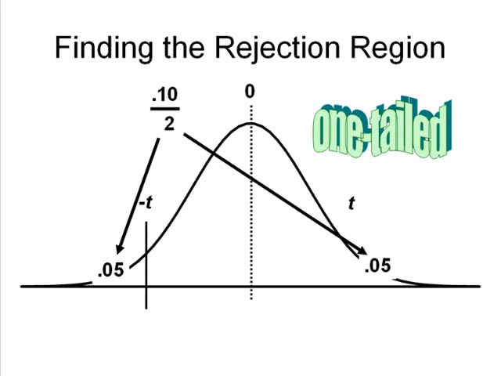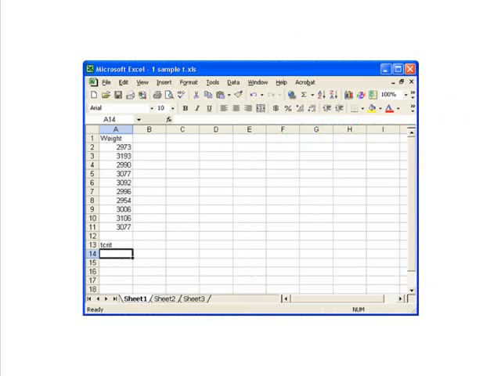So in our case, our alpha is 0.05. So we're going to tell Excel that our alpha is 0.10, which is twice 0.05. And then it's going to divide it in half and put 0.05 in each tail, which is what we want. And then it'll give us a t-score, and we'll know it needs to be negative. And we'll make it negative and put it on the left side.